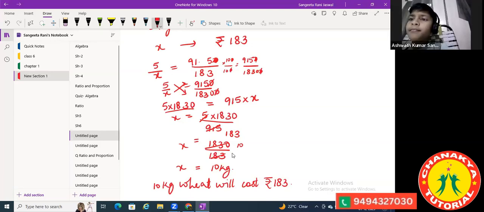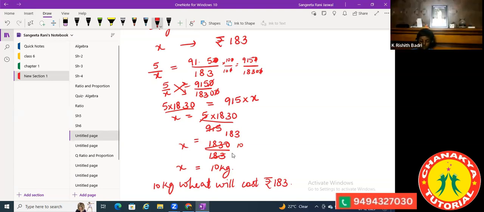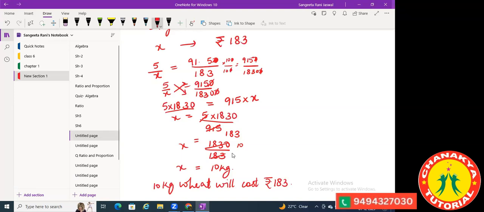Then to find my value of x, same way as I had done in the previous questions, I took this number to the other side of the equal to sign. Here it was multiplying. When it goes on the other side, it becomes divide. And then I divided it. This could be divided by 5, so I divided it by 5.